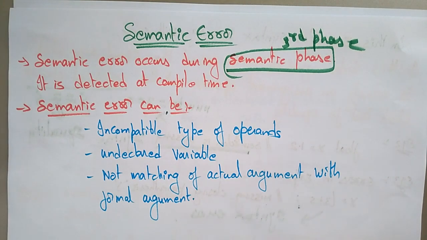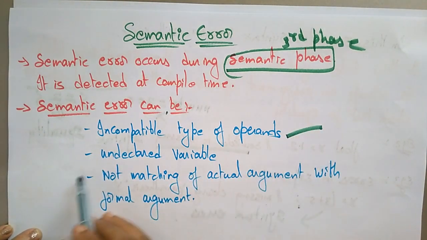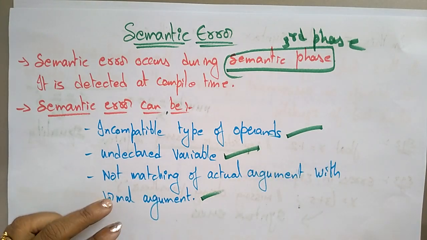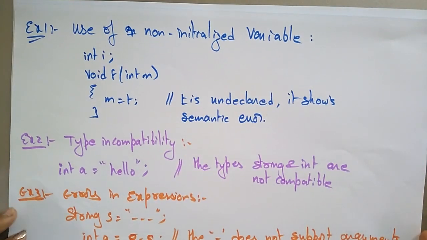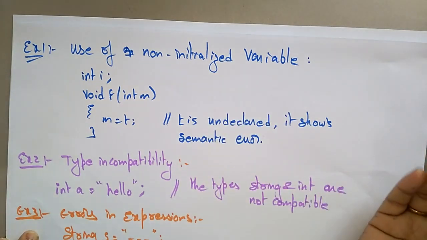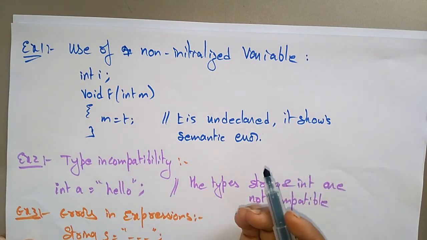So what are the semantic errors that you come across in this phase? Incompatible types of operands, undeclared variables, not matching of actual arguments with the formal arguments. These are the different semantic errors you come across at the semantic phase. Now let's see the examples. Use of non-initialized variables: if you use undeclared variables, then a semantic error will occur.